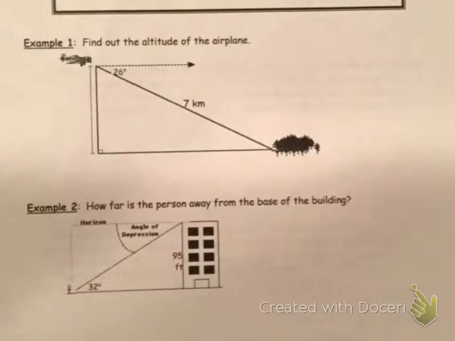Now we're going to put a little practice to what I just showed you using the angle of elevation or angle of depression. If I look at this picture, I have an airplane. He's probably trying to go in that direction, and he looks like he's looking down at the trees. What kind of angle is this 26? If you're looking down at something, it's called your angle of depression.